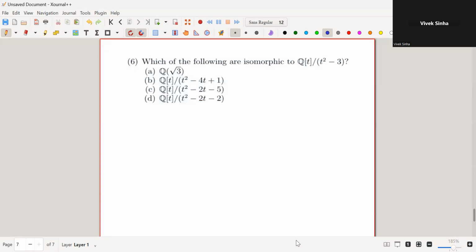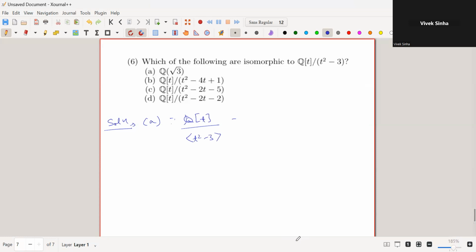Okay, so it is isomorphic to the first one. Why? This is, I should not say field now, because this is modulo the ideal generated by t square minus 3.